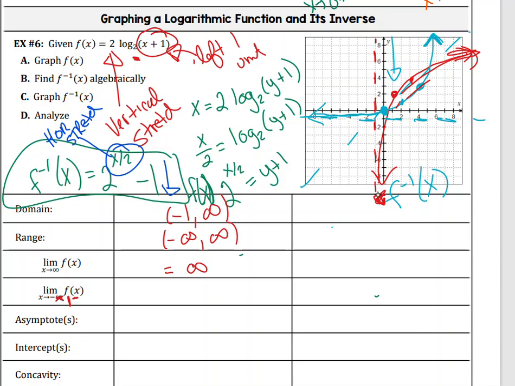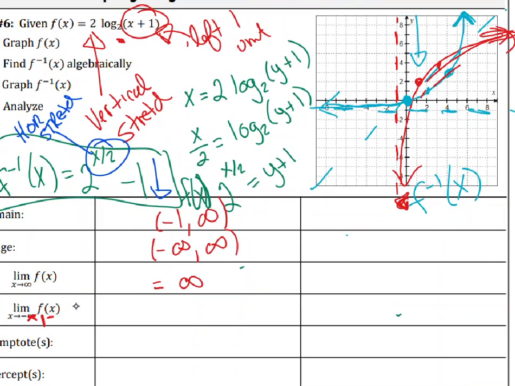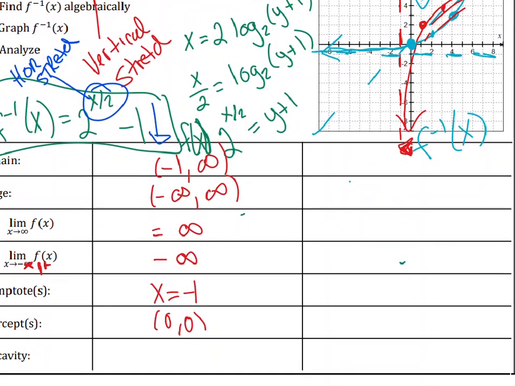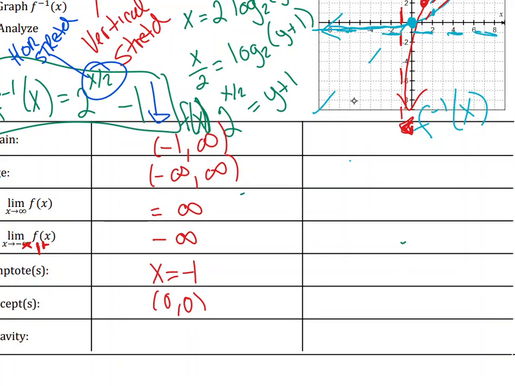So as it approaches that asymptote, sorry, from the right side. So as it's approaching -1, what's happening? It is going down to -infinity. What's the asymptote? Well, we shifted it to x equals -1. The x-intercept also shifted to 0, 0. And we can see that concavity is concave down.